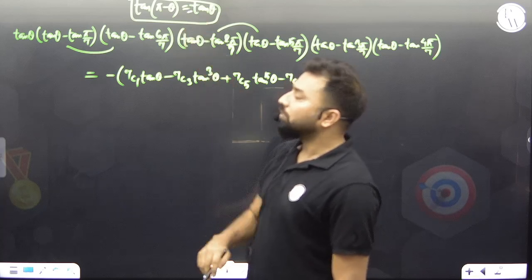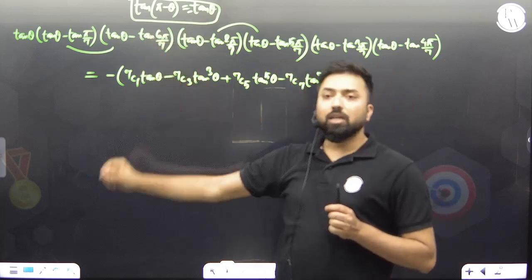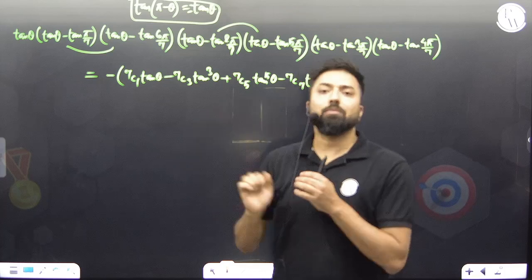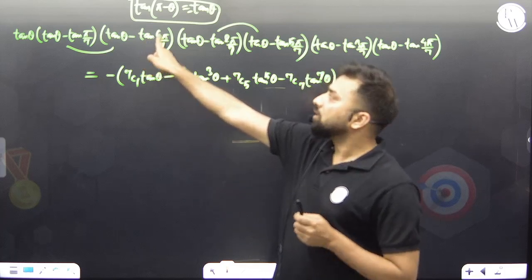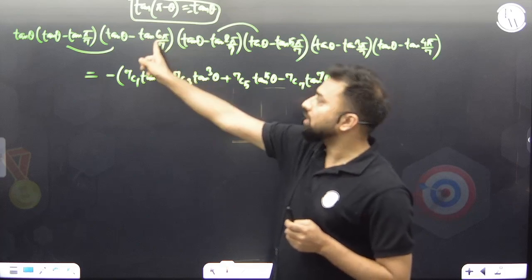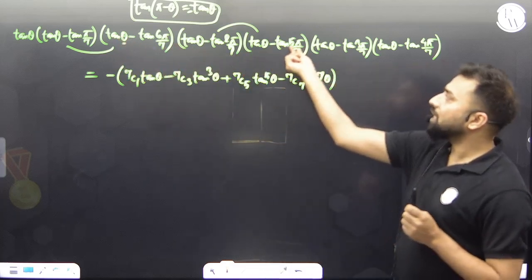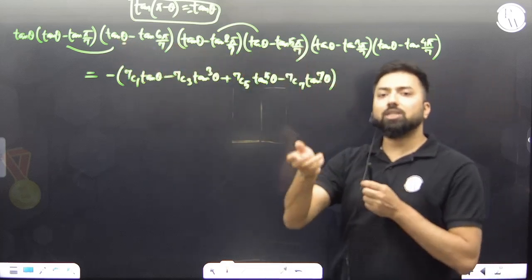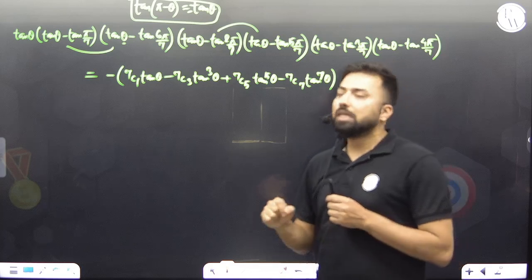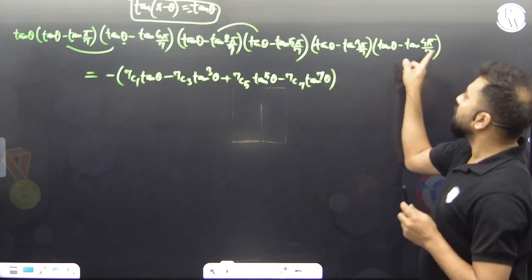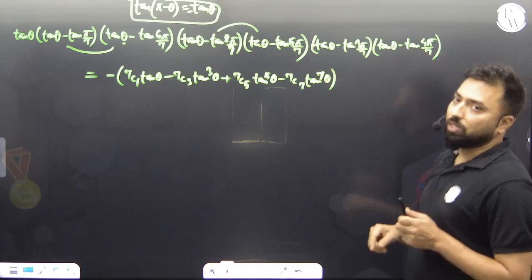So I can write here tan of 6 pi by 7 as tan of minus pi by 7, right? This is minus of tan pi by 7 here. So that this becomes tan theta plus tan pi by 7. Similarly, I can write tan 5 pi by 7 as minus of tan 2 pi by 7, so that this becomes tan theta plus tan of 2 pi by 7. Similarly, this will become tan theta plus tan of 3 pi by 7, right?